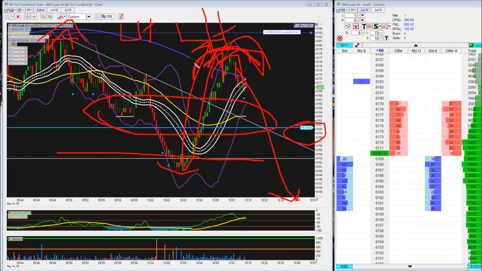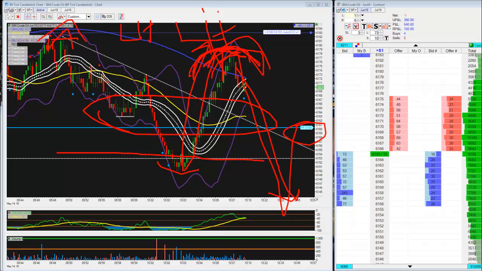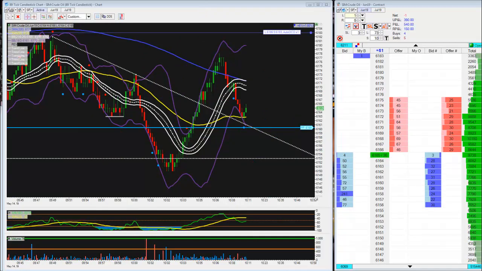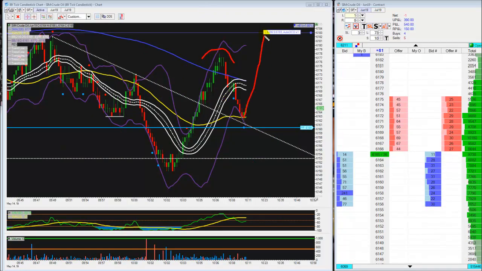When it does break down and come back, I want to see that hold next. So at this point in time, if it breaks the lower high pattern, it means it would come up through here, and then it breaks your lower high pattern, because we have a lower high pattern on right now.